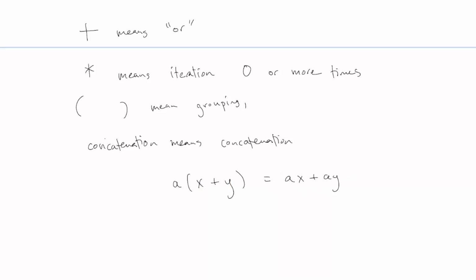And what this means is first a followed by x or first a followed by y. So they really are the same. Even though this is like a familiar looking property of numbers, I'm saying something completely different from the distributive property for numbers, but there is a distributive property. And there are other kinds of algebra properties for regular expressions that we're not really going to get into, but these things are true of regular expressions.